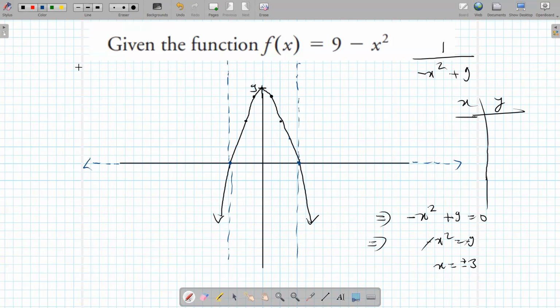Now we just kind of plug and chug the values. Look at this equation. When x is 0, what's the y value? For this guy here.